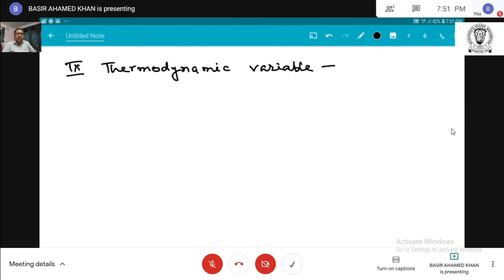Therefore, the variables I need to describe the system are time independent parameters, macroscopic coordinates that do not involve time, and these are known as thermodynamic coordinates and thermodynamic variables.